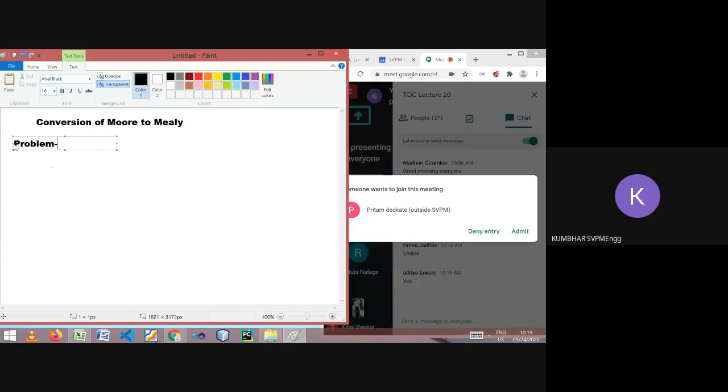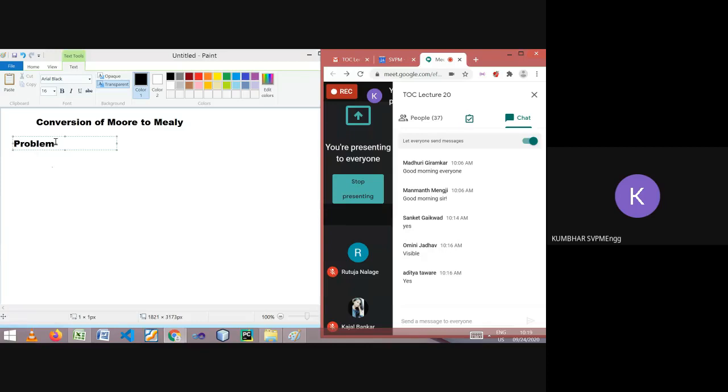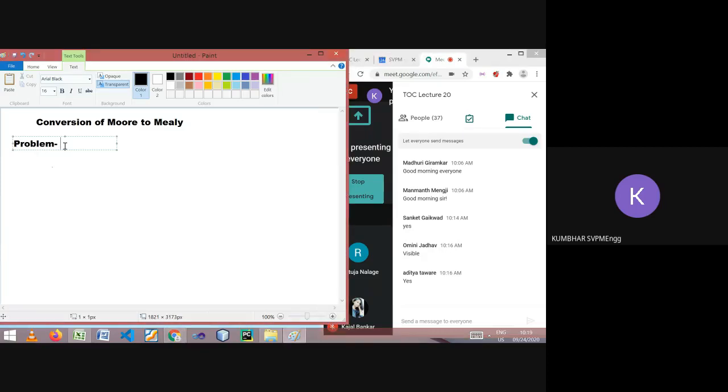The problem or question will be asked like: convert the given Moore machine into its equivalent Mealy machine.